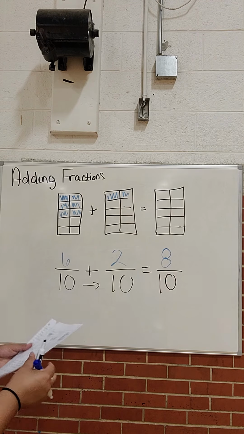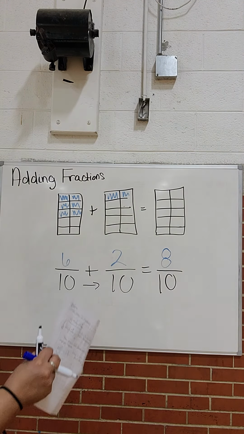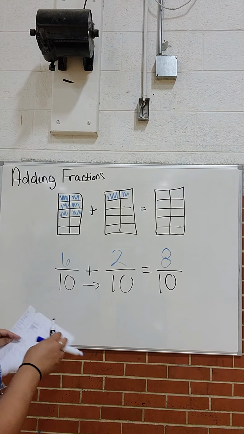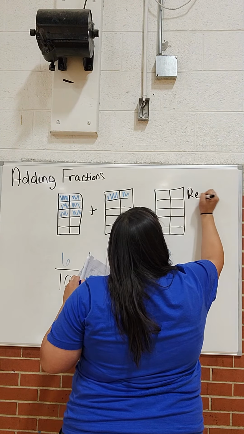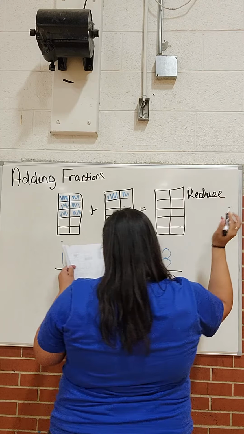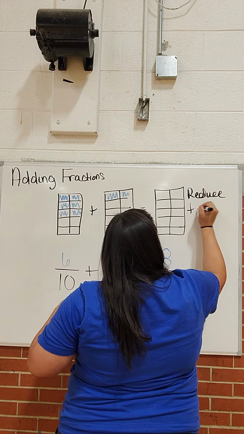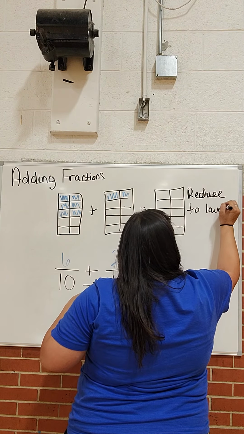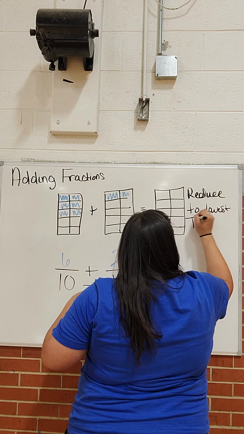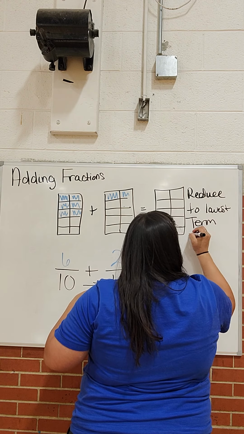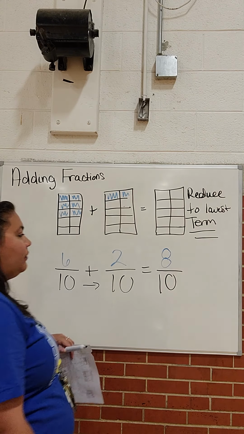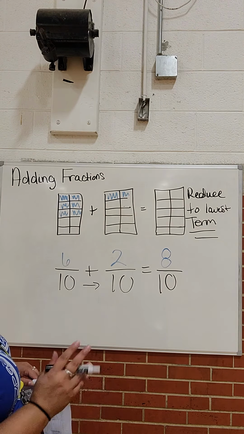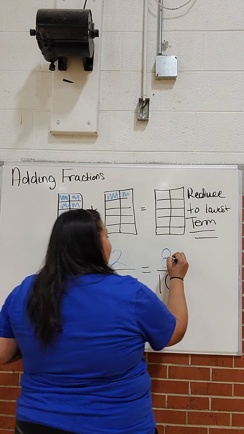But looking at that, you can see that it's not in its simplest form. So we've got to say, for example, it says to reduce to lowest term. 8 and 10 can be divided by the same number. 2 can go into both 8 and 10.